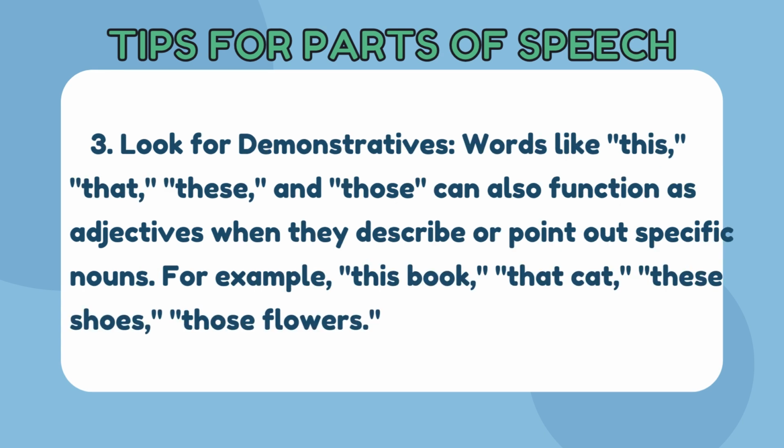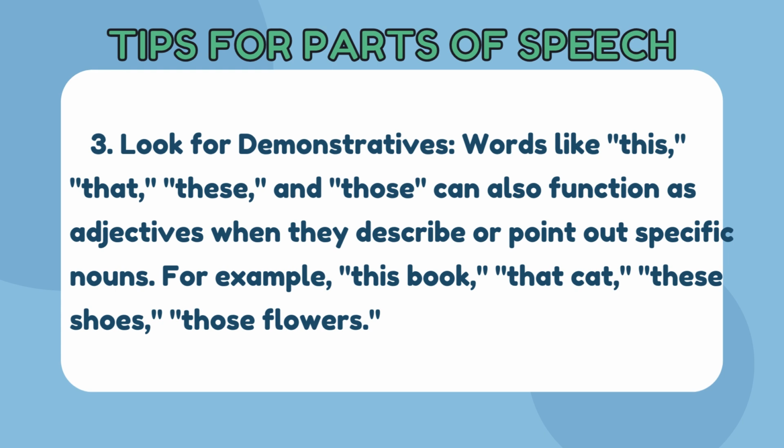And also look for demonstratives like this car, this book, that cat, these shoes, those flowers. As I said before, be careful about these, because if you see a noun after this, that, these, or those, these are adjectives.